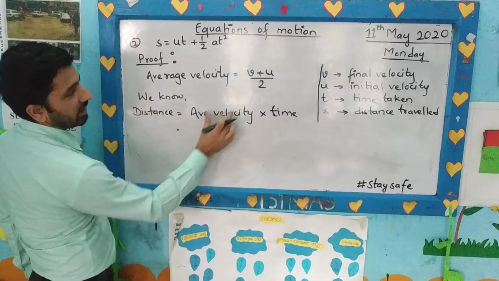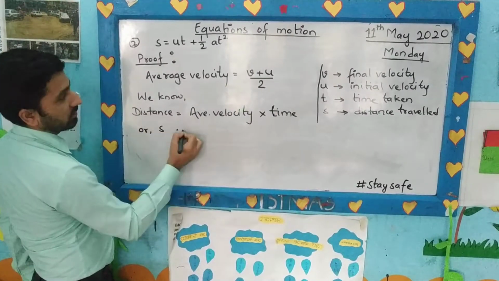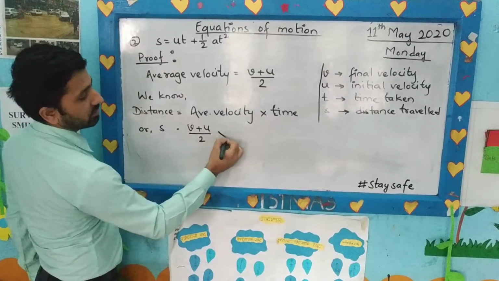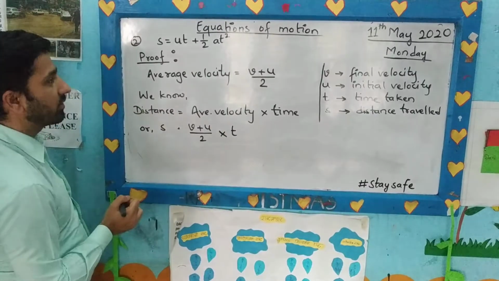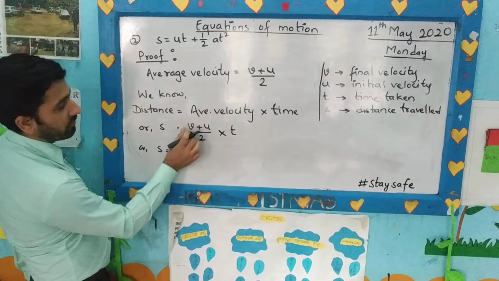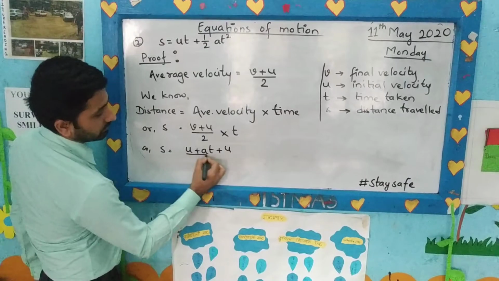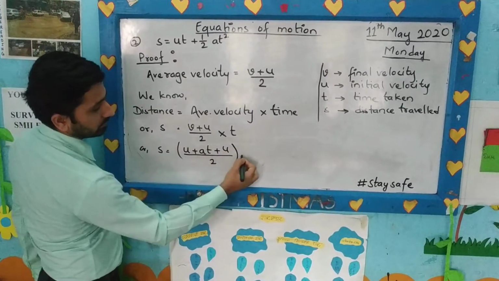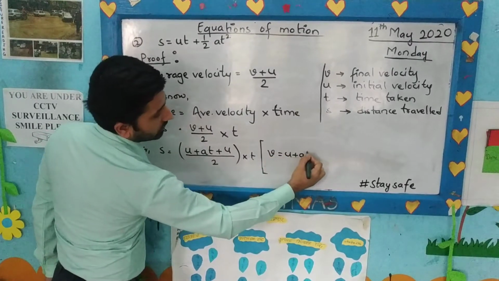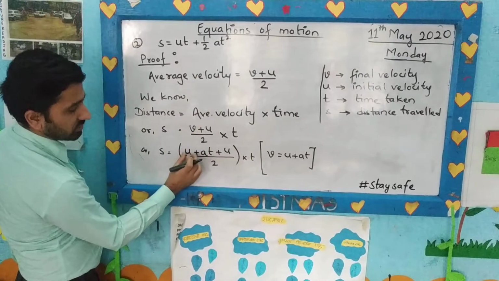That means from here we get distance traveled s equals average velocity, v plus u divided by 2, into t. Now in the first equation of motion, what we have derived is v equals u plus at. That means instead of v, we can substitute u plus at.